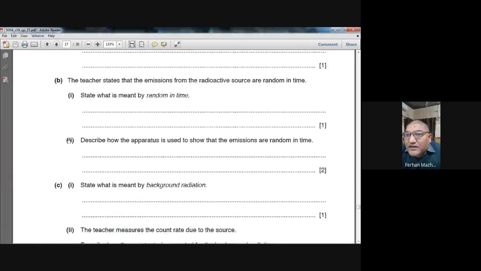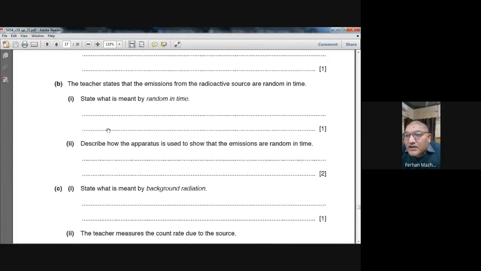Part B. They say the teacher states that the emissions from the radioactive source are random in time. What is meant by random in time? Radioactivity is a random process, and random in time means you cannot predict at what time the sample will decay.